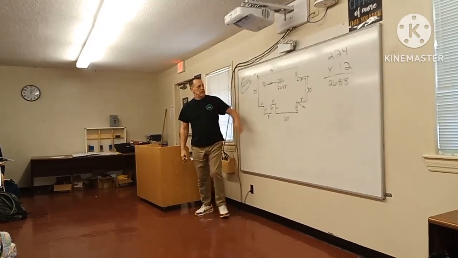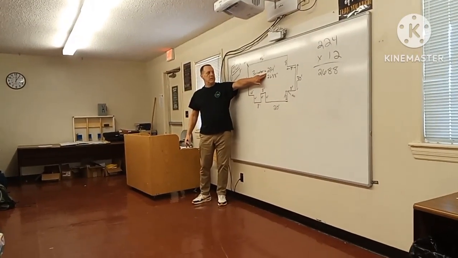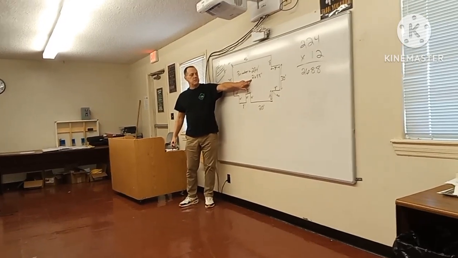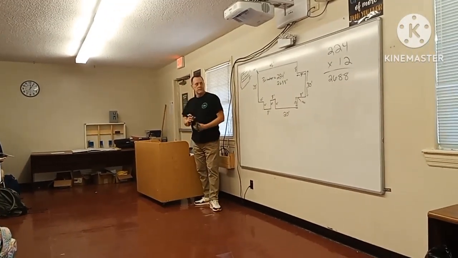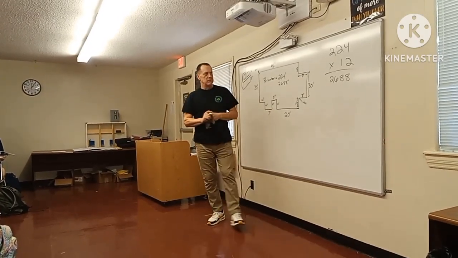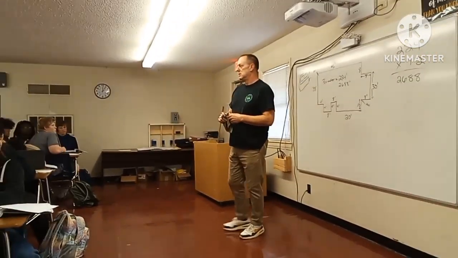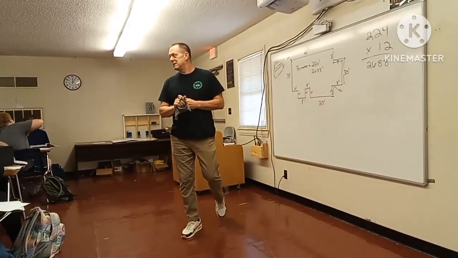All right, so now we've got our perimeter: 224 feet, or 2,688 inches. Who's not following so far? Everybody with us?